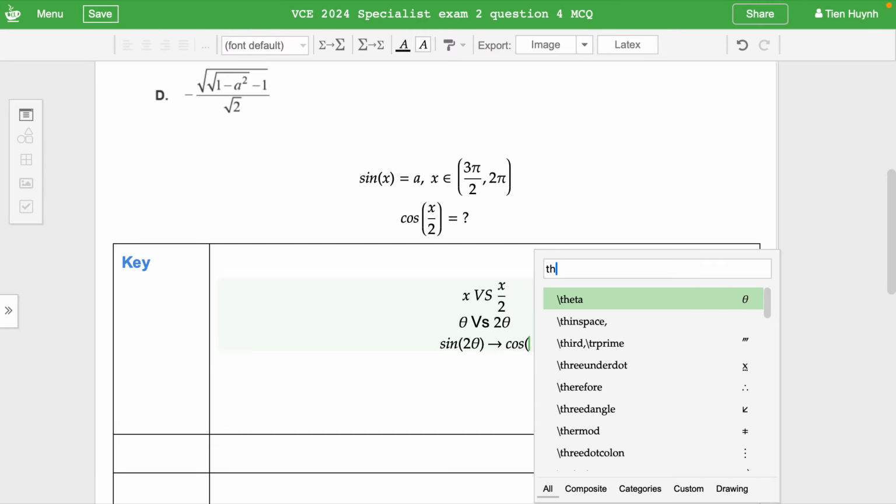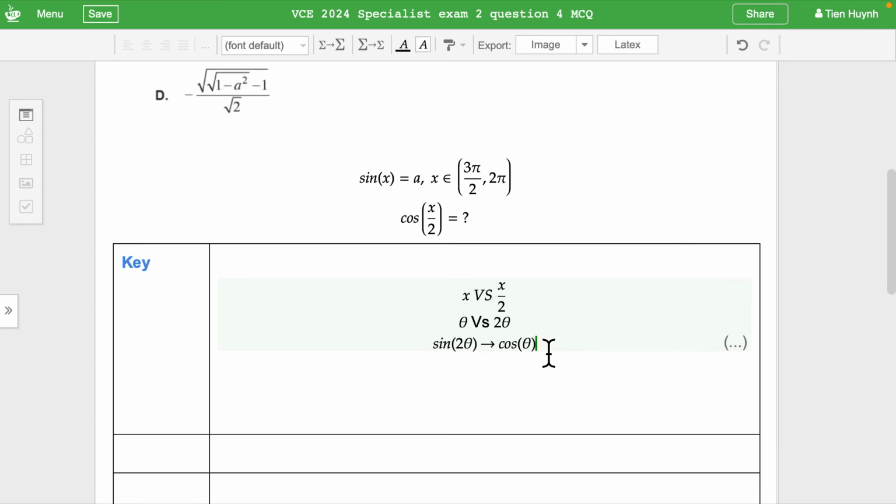Right, then how can we do that? How can we go from sine of 2 theta to cosine of theta? There could be many ways.